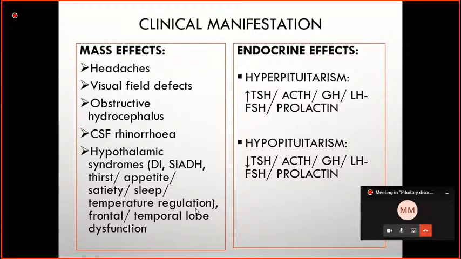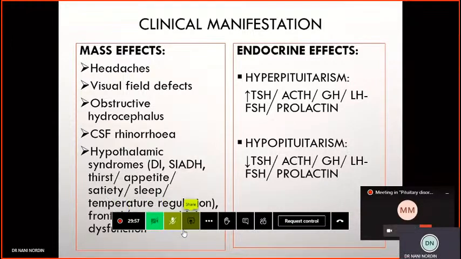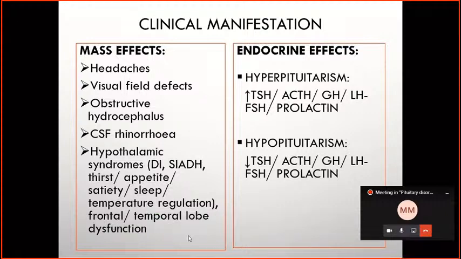Because your brain is confined in a hard skull, whenever there is a mass, the brain cannot expand. So the pressure inside, mainly the CSF pressure, is high. That is what it means by increase in intracranial pressure.